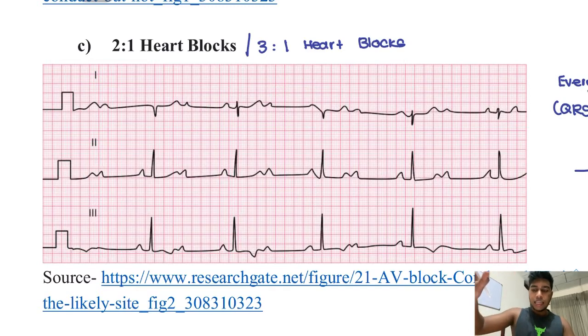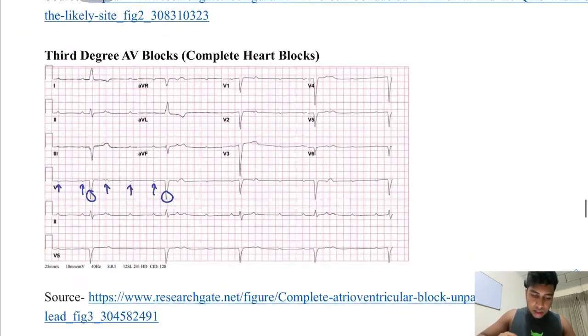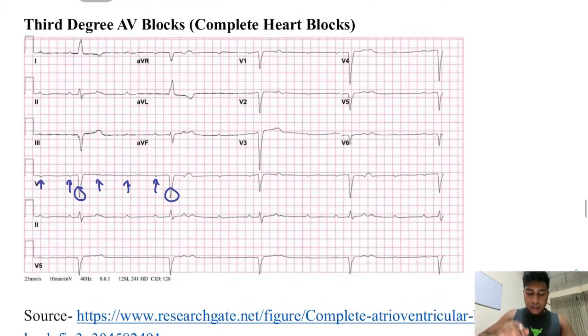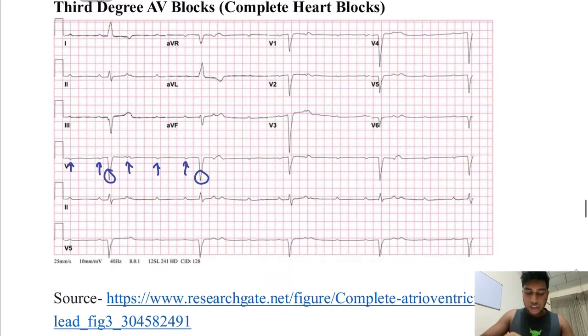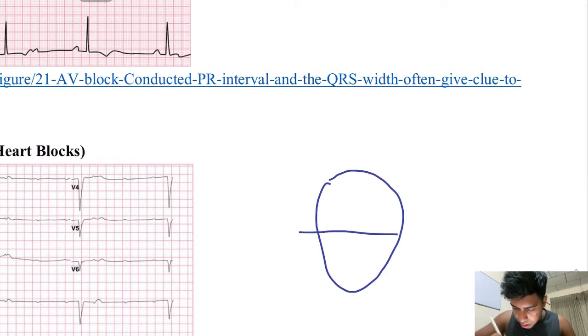Atria contract independently of the ventricles. So this is third degree AV block. This condition is called a complete heart block. Okay, so the atria and the ventricles have no communication. The atria contracts on its own, ventricles contract on its own.